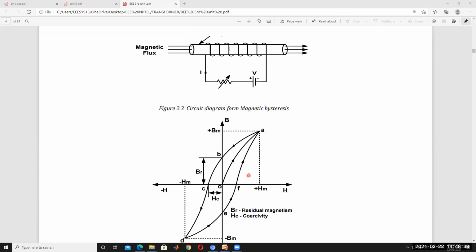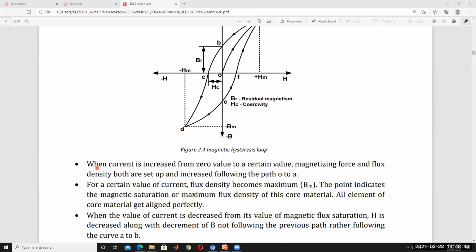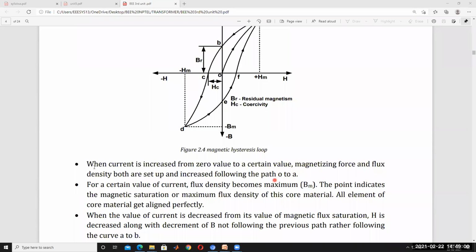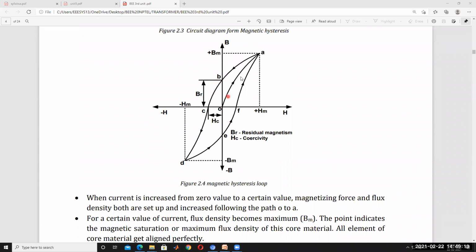When the current is increased from 0 to a certain value, the magnetizing force and flux density are both set up and increase following the path 0 to A. They increase slowly in a linear manner.